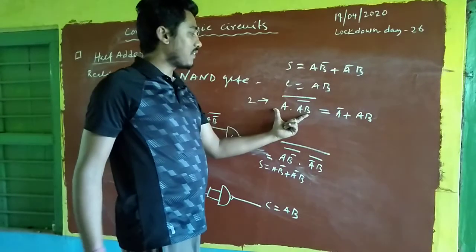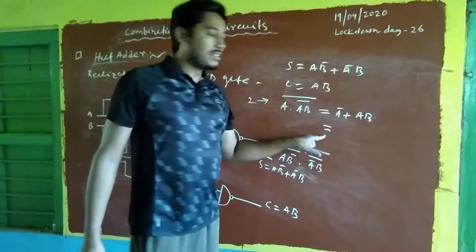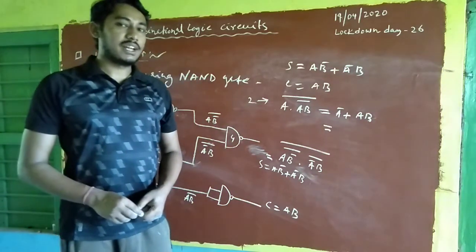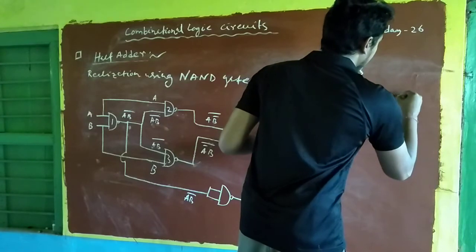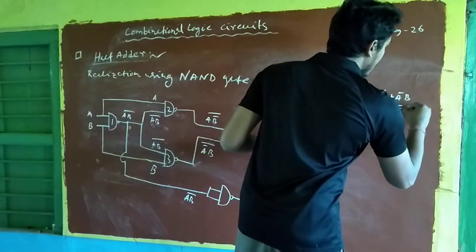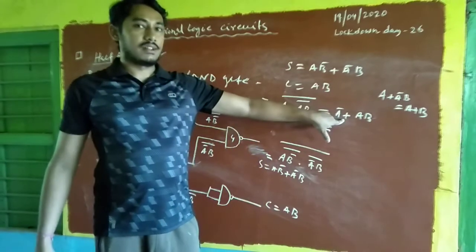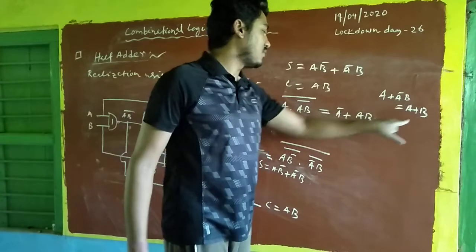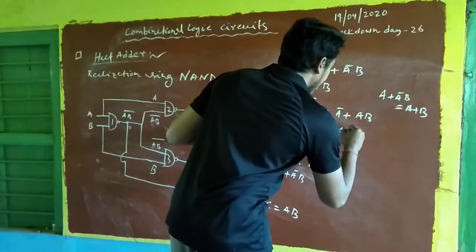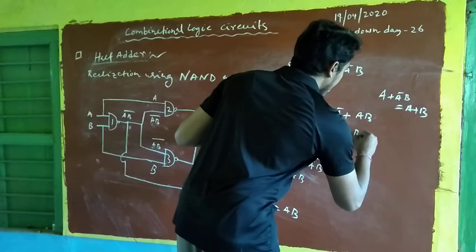Now you remember the Boolean algebra rule: A plus A bar B is equal to A plus B. We apply this Boolean law here, so what do we get? We get A bar plus B.